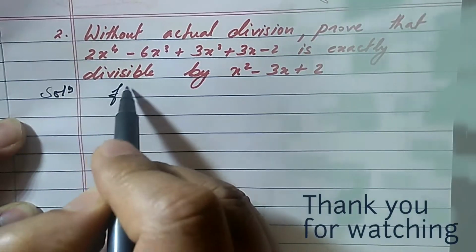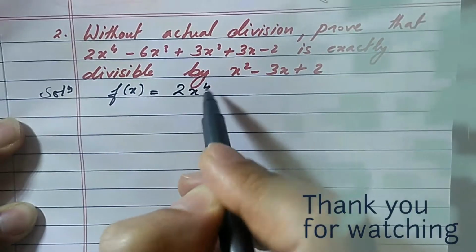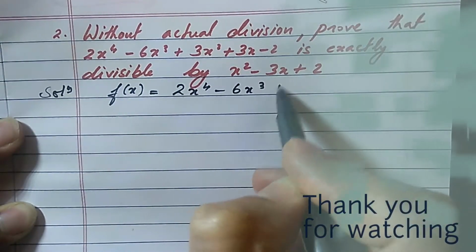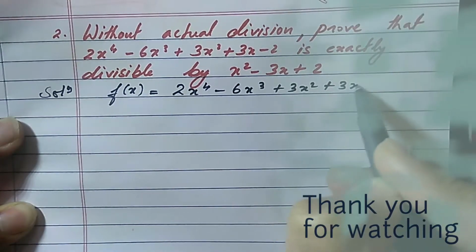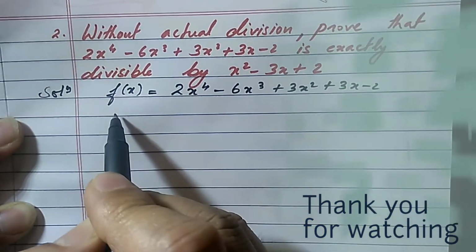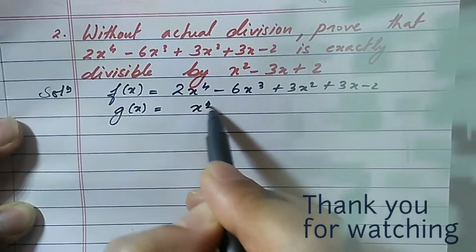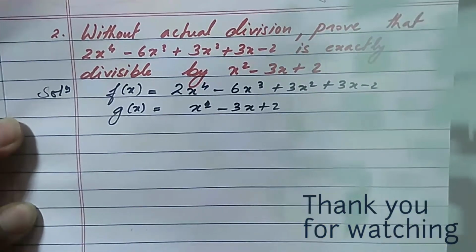First, let's write f(x) equals 2x to the power 4 minus 6x cubed plus 3x squared plus 3x minus 2. Then our g(x) is x squared minus 3x plus 2.